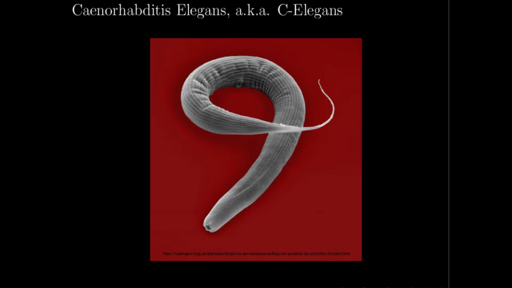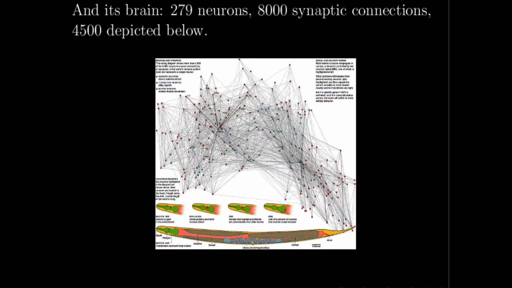And this is an example where scientists were able to actually identify the entire connectivity matrix for this worm. It has about 279 neurons in its brain, and about 8,000 synaptic connections among them. And in here, what you see is the diagram of about 4,500 of them.